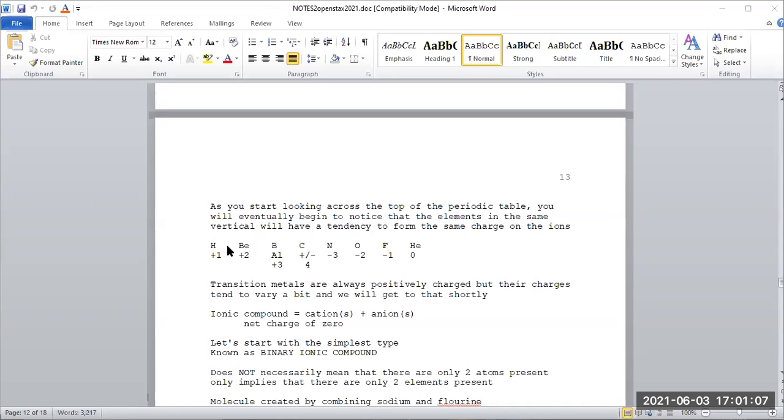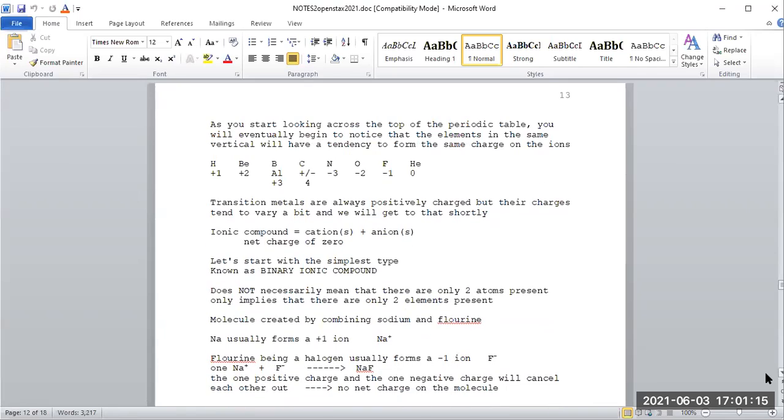Now, transition metals, we can make a global statement as they are always positively charged, but the further we dig into this, the more we see that their charges kind of vary. And they vary depending upon what kind of a partner they have in a molecule.